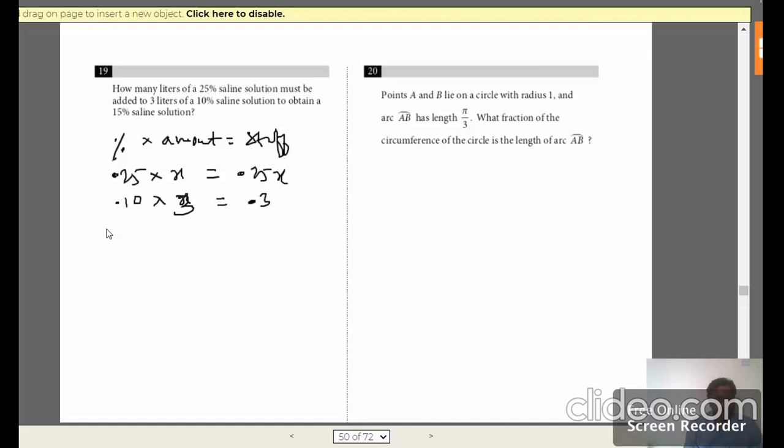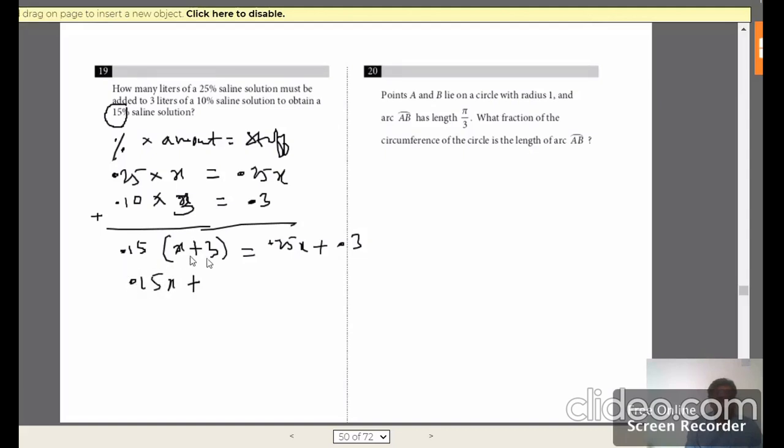Now just add it up, you will get 15%. Remember, to obtain 15%, we add this one, we get 0.15 times x plus 3 is equal to 0.25x plus 0.3. If I now multiply the bracket, I'm getting 0.15x plus 0.45, equal to 0.25x plus 0.3.